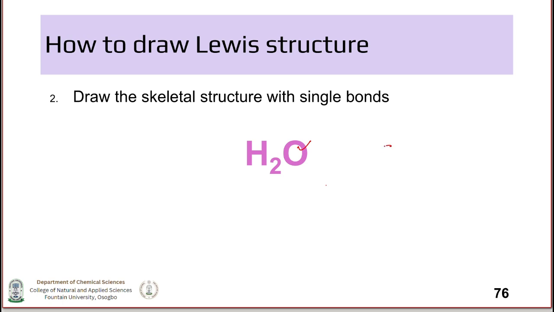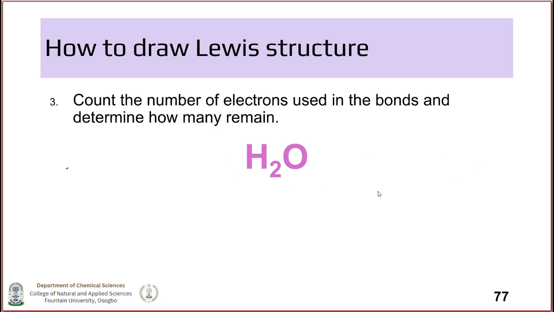So we're going to draw O, and then the hydrogens will bond around that O. So we did that already. Let me do that again, the one we did in the previous point.